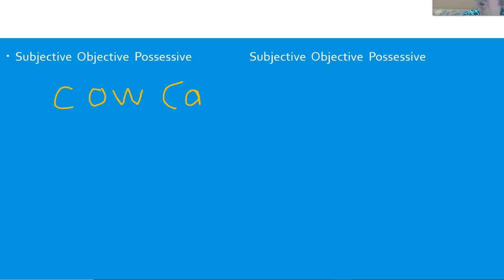And so we're going to start with the word cow, and we're going to use the letters A through E. So that means A, B, C, D, and E. So I'm going to tell you to get ready, get set, go. 5 adjectives, one with A, one with B, one with C, one with D, one with E.